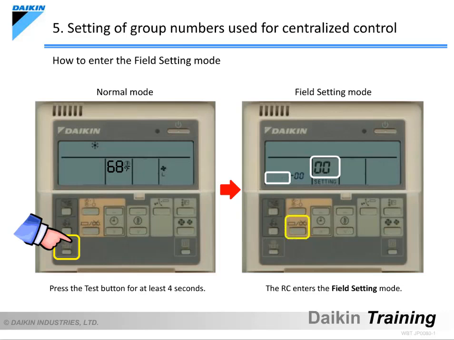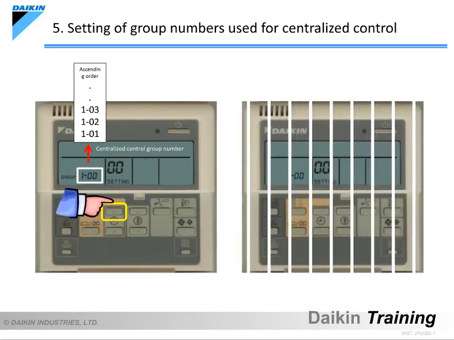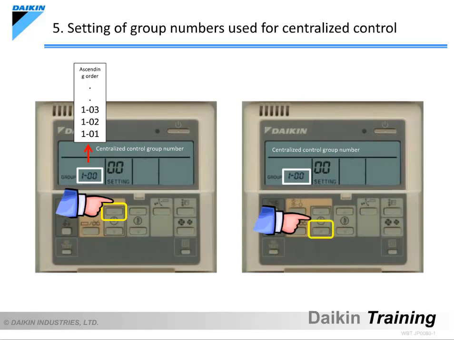If it is not blinking, press this field setting confirmation button to make it blink. Each time the first code change button is pressed, the code goes in ascending order from 101, 102, 103, and so on. Each time the second code change button is pressed, the code goes in descending order.